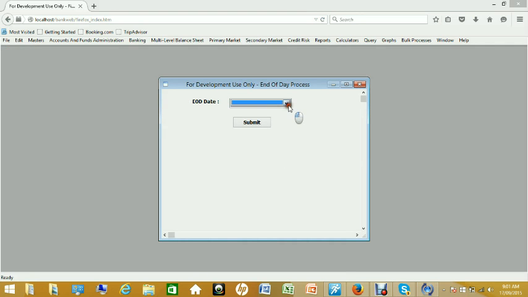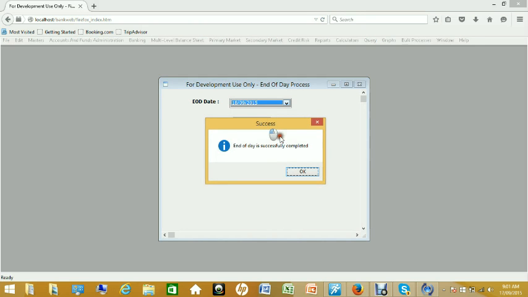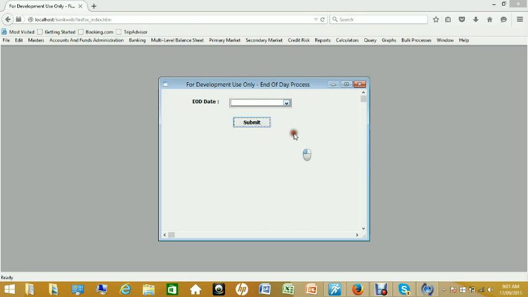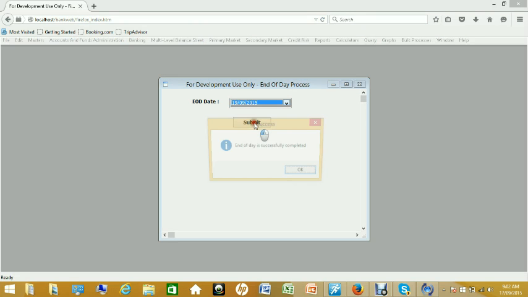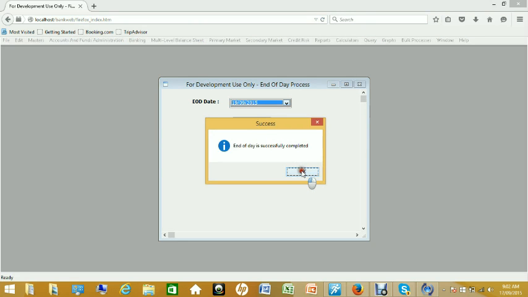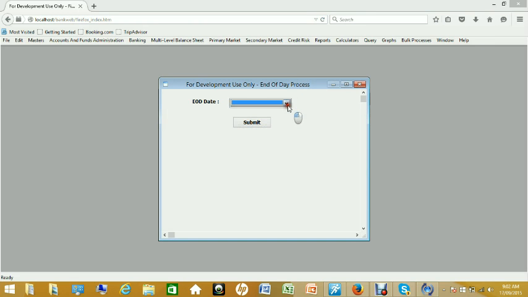So let's generate for 18th of September 2015, and 19th of September 2015, and 28th of September 2015.